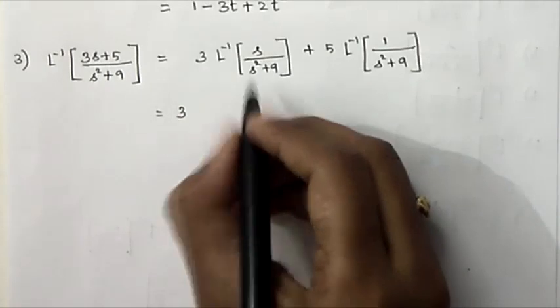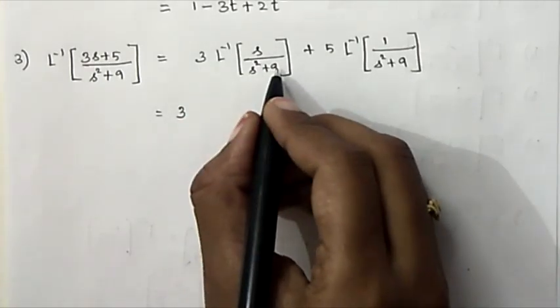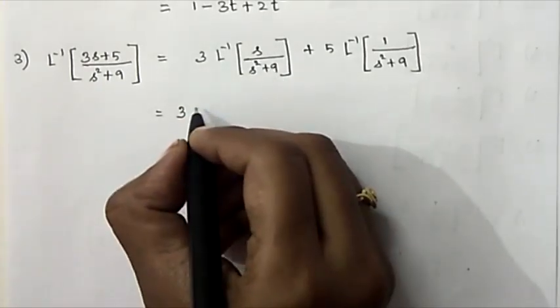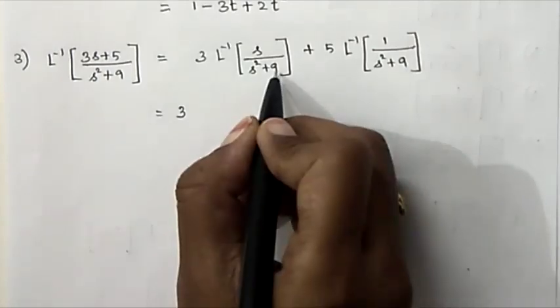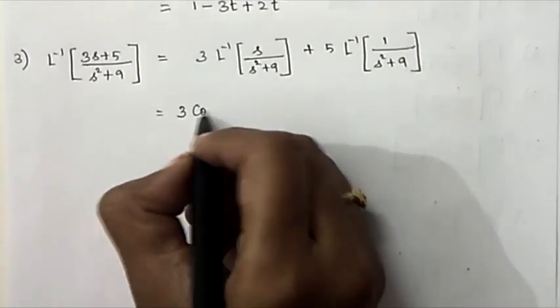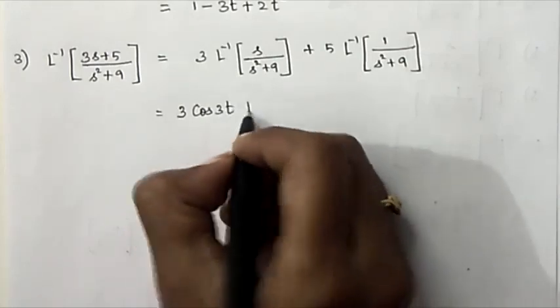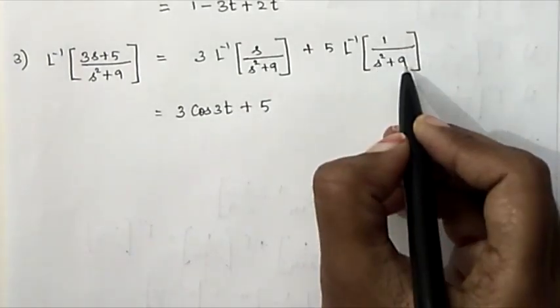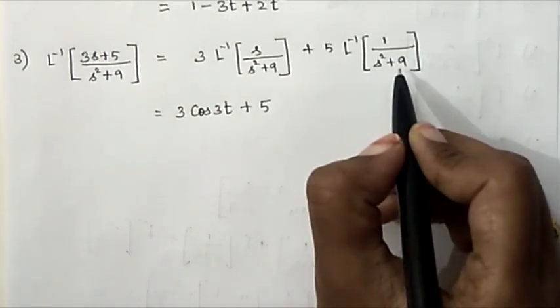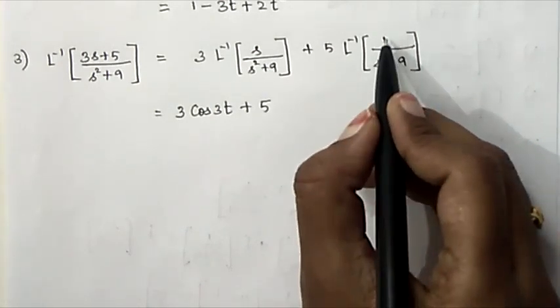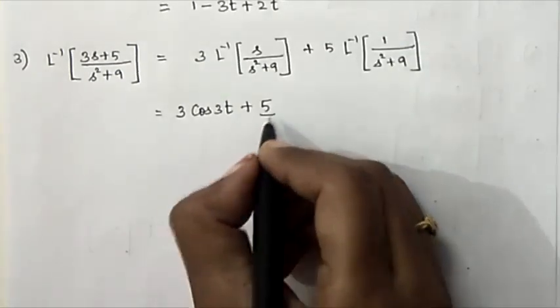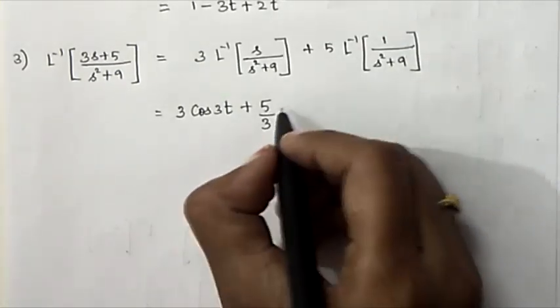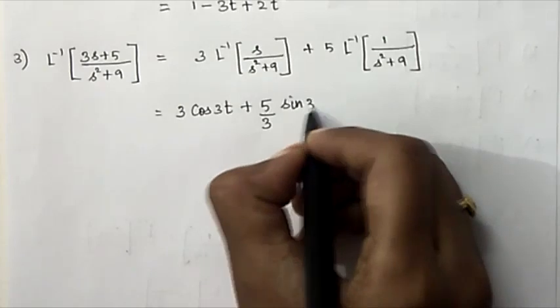We know by formula L inverse of s by s square plus a square is cos at. Here a takes the value 3. So cos 3t plus 5 times L inverse of a by s square plus a square. Here again a takes the value 3. But a is missing here. So we will divide it by that a. A value is 3. 5 by 3 sine 3t.